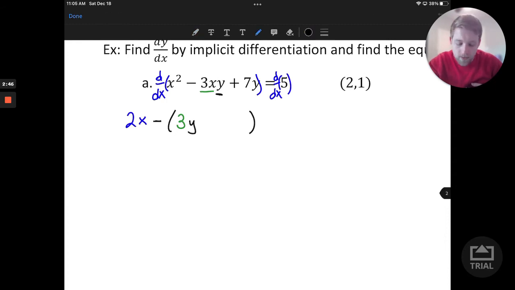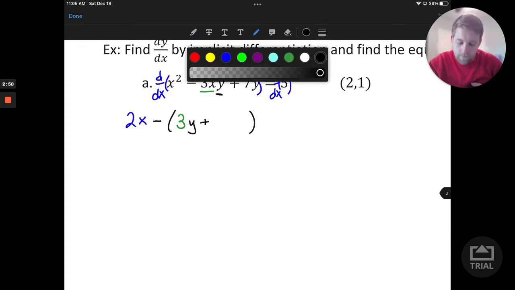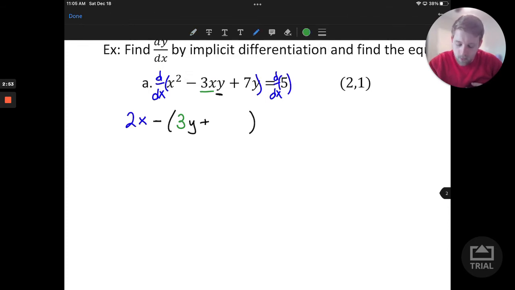And then we'll add to that the 3x term, and then the derivative of y, we would call again dy dx. So we'll take that dy dx last. So there's our product rule sitting there.